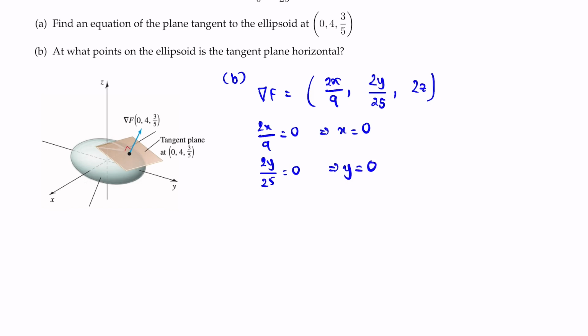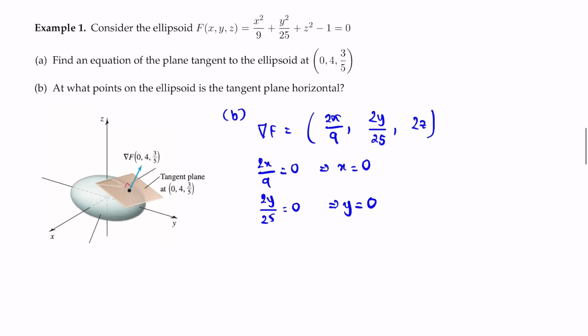Now we're going to substitute these two values into the equation. We're going to get that 0 squared over 9 plus 0 squared over 25 plus z squared minus 1 equal to 0 implies that z is equal to plus or minus 1. So there are 2 points on the ellipsoid where we find the horizontal tangent planes.